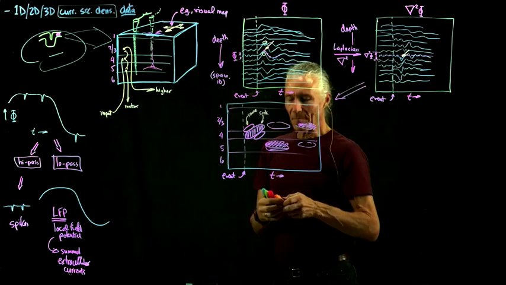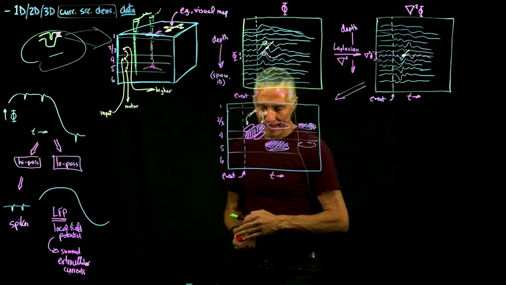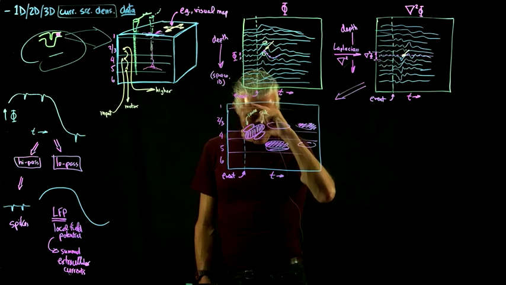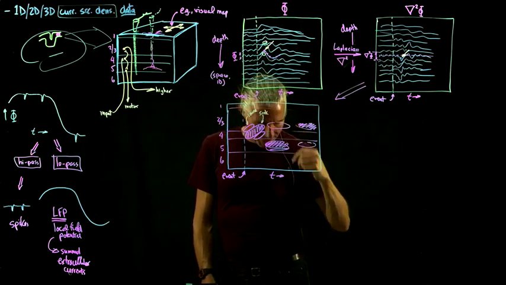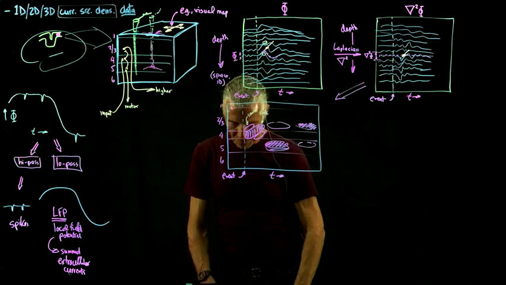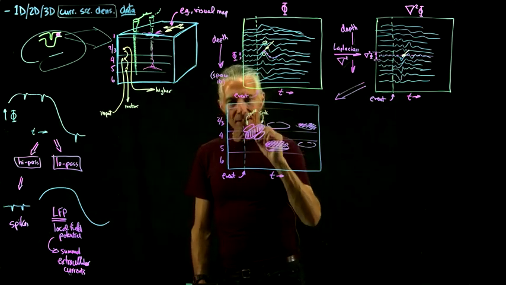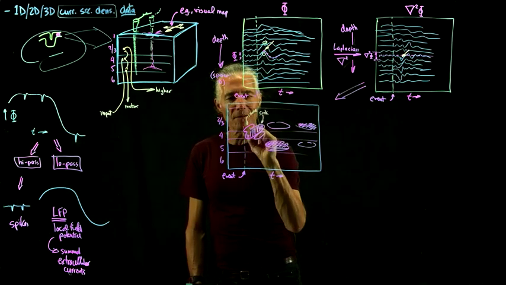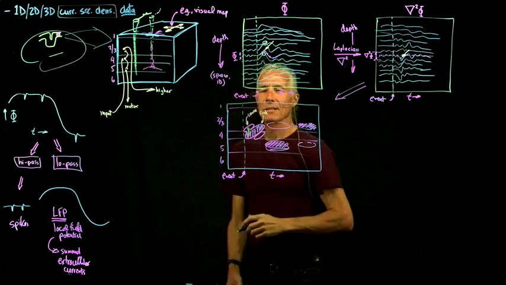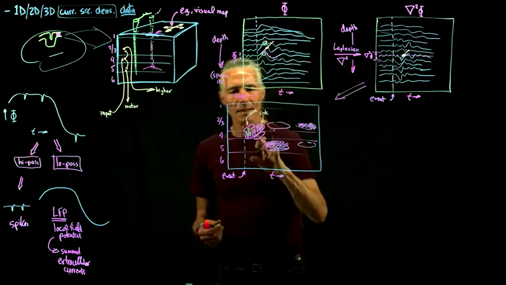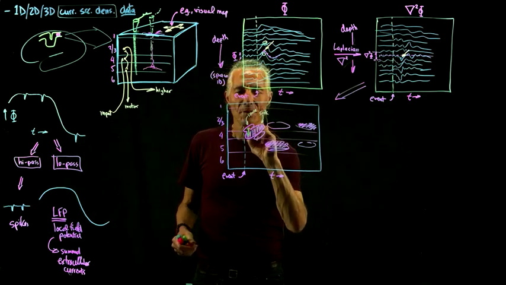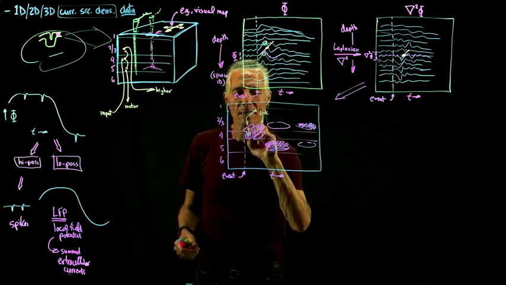So let's take the first one here, the strong one that you can see. It's basically a source going to a sink.